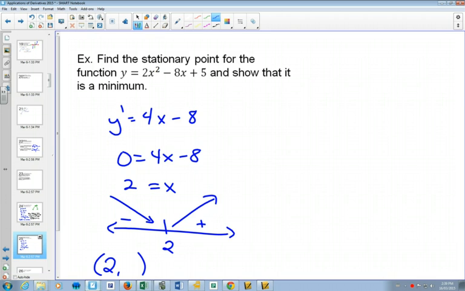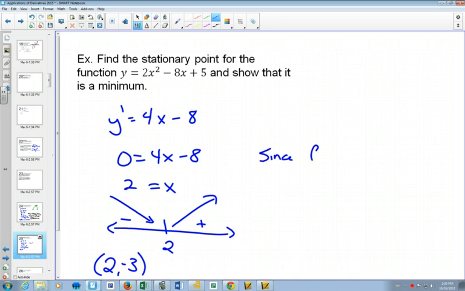And then what we have here, 2 comma something, well, we plug in 2, we're going to get 8 minus 16 is negative 8, plus 5 is negative 3. So that's our critical point. And it is a minimum, right?